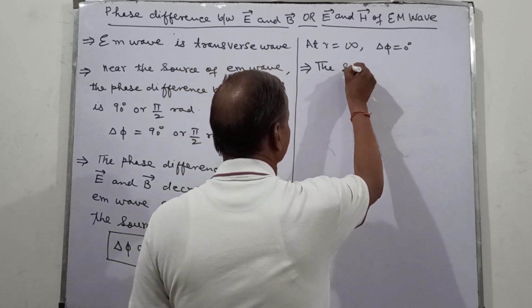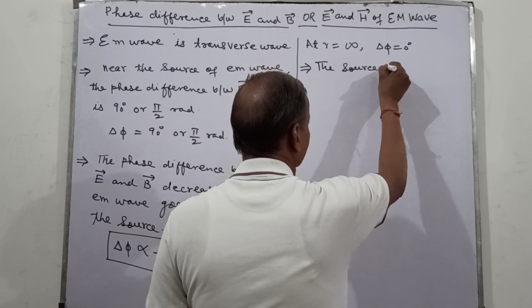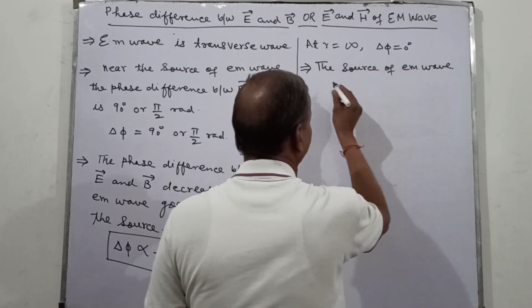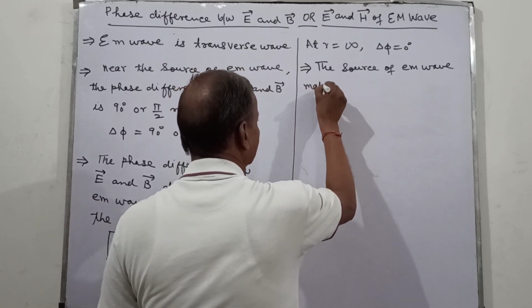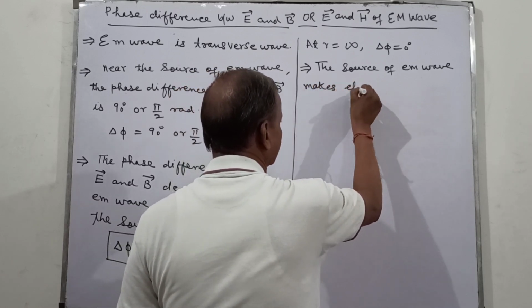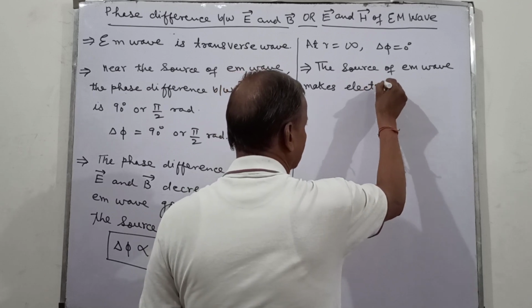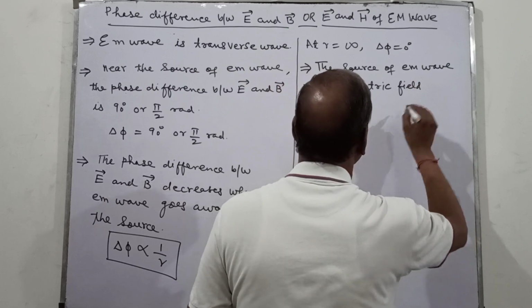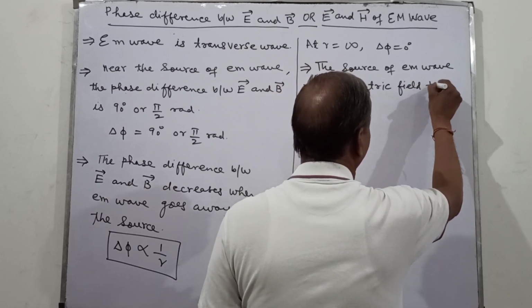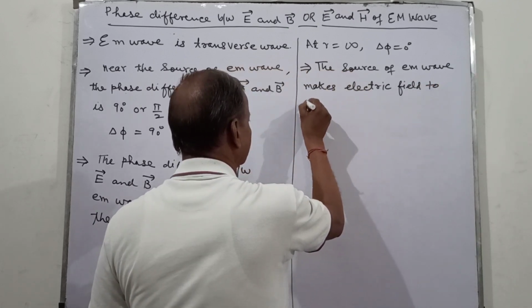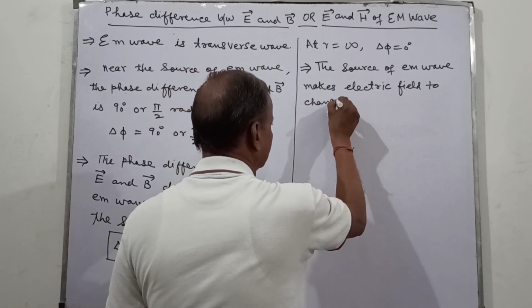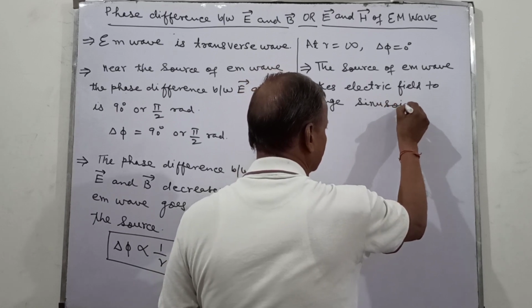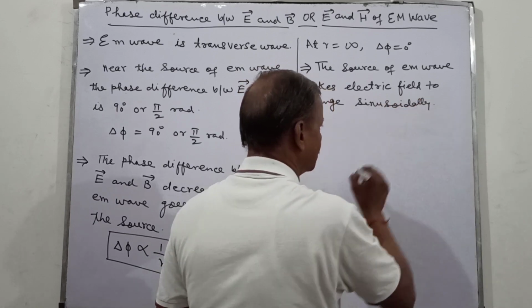The source of EM wave makes the electric field change sinusoidally.